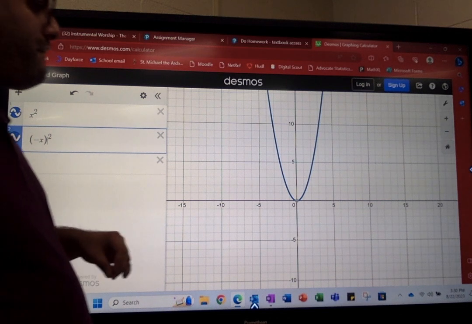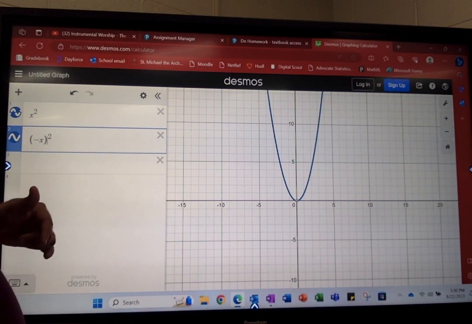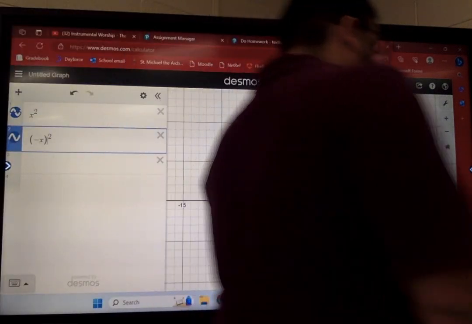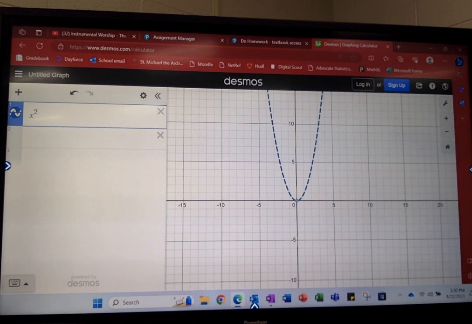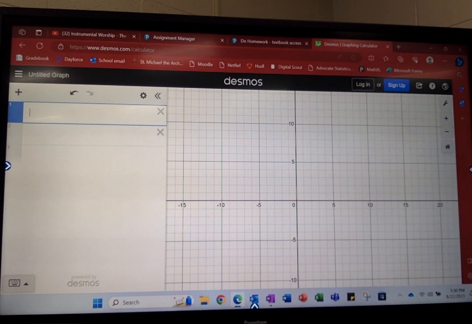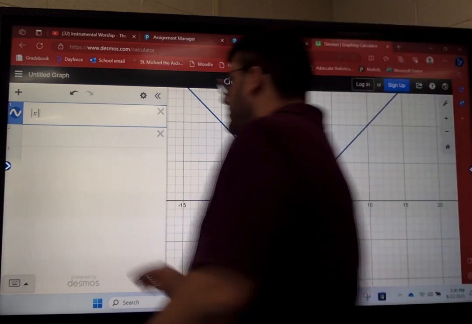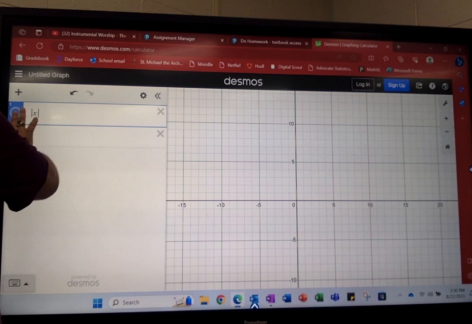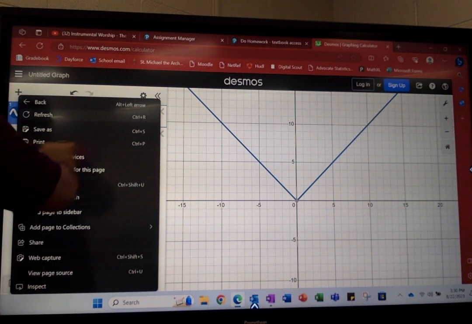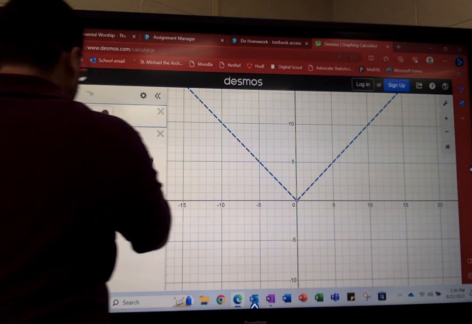Another question: Can I perform reflections and translations at the same time? Yes, I can. All right. Let's use the absolute value of x as our parent function. All right, there's my parent function.